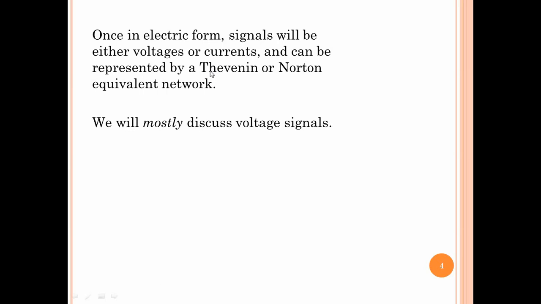For our purposes this semester, mostly we will discuss voltage signals, and therefore our signal would be represented largely by a Thevenin's equivalent, so a voltage source in series with a resistance. We will typically call it Vs, S for signal, and Rs.